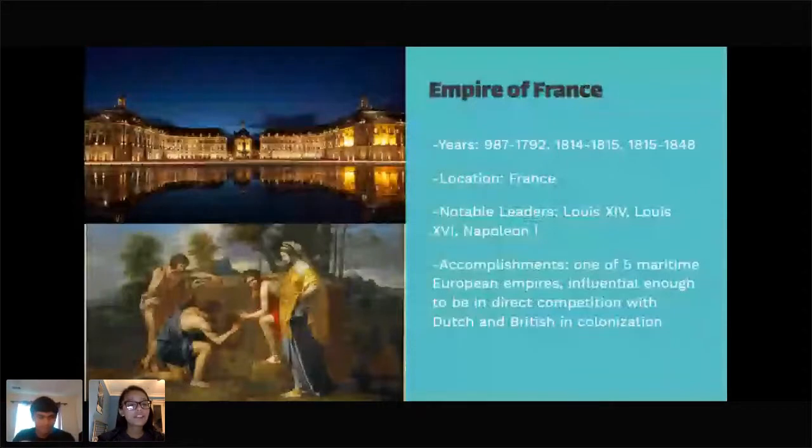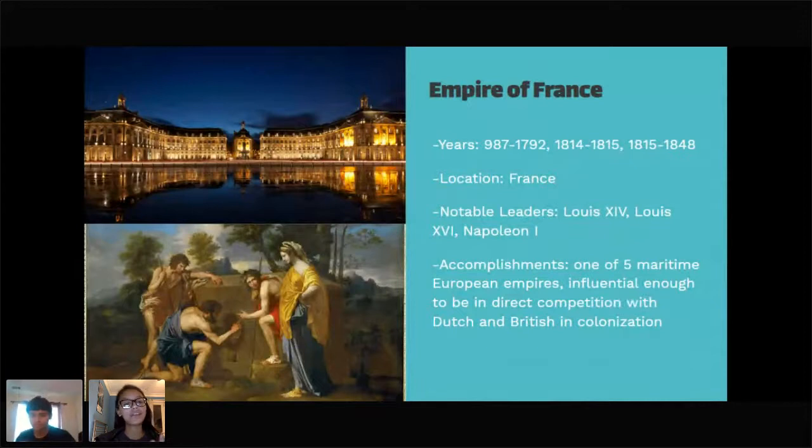So I believe this is our last one before practice. And okay, not entirely sure, but I believe it is. And this is one of the probably more well-known empires in European history for sure. So it's the Empire of France, and they were definitely broken up and back together again, and then separated for a long, long time.